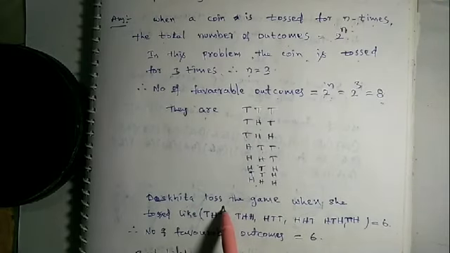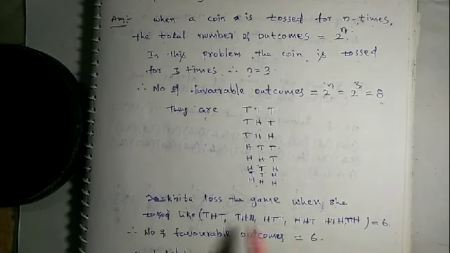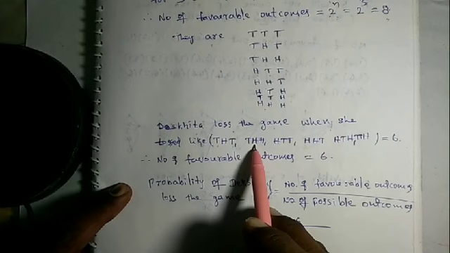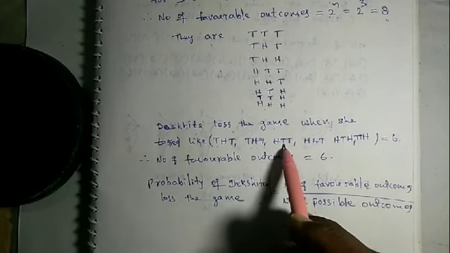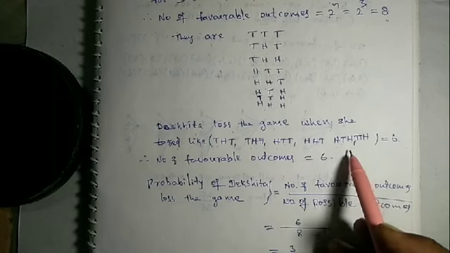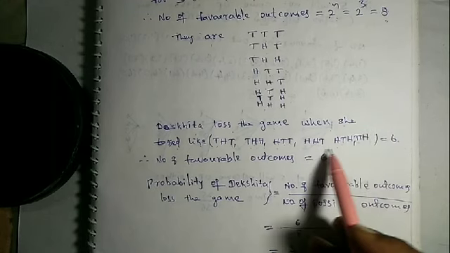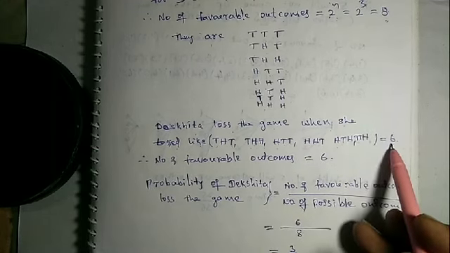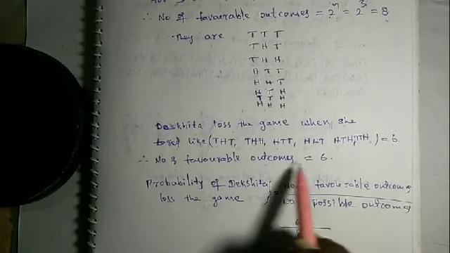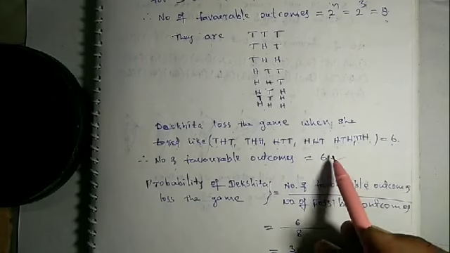Dikshita loses the game when she tosses like tail head tail, head tail head, head head tail, tail head head, and so on. There are 6 possible outcomes. So number of favorable outcomes are 6.